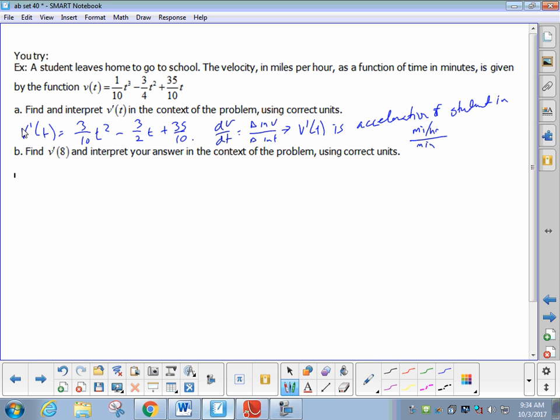Change in velocity over time is acceleration. So you have acceleration.